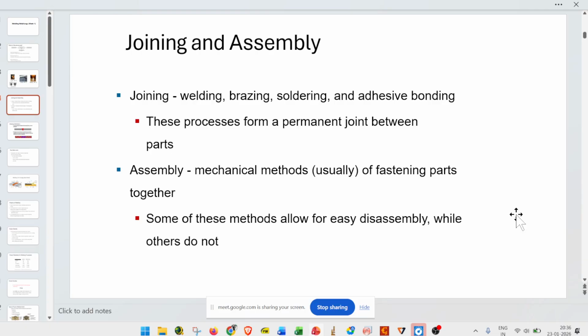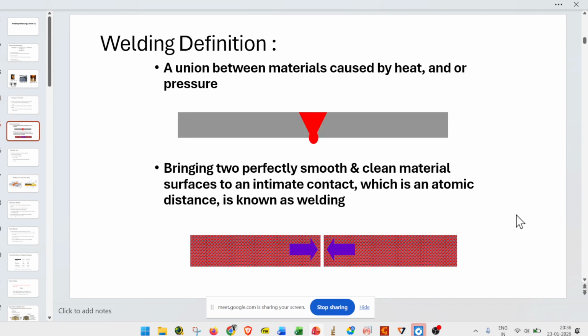In semi-permanent joints, we cannot continuously take the joint out and join it again. For example, riveting is considered a semi-permanent joint. Welding, brazing and soldering all come under permanent joints, because we are melting the material and joining them. Without breaking the component, we cannot separate them. That's why they are called permanent joints. Welding comes under the permanent joint.